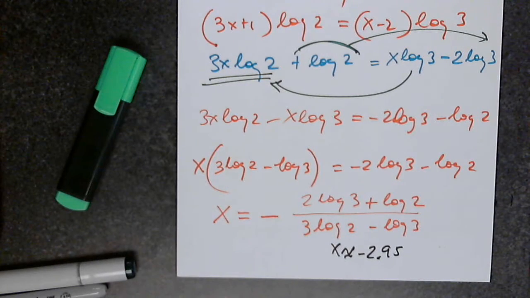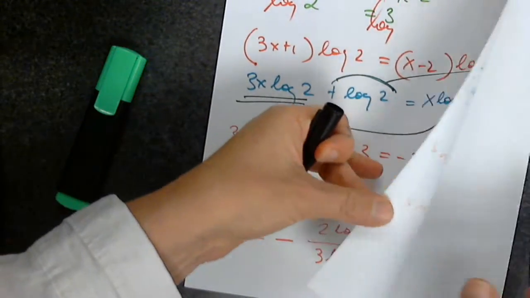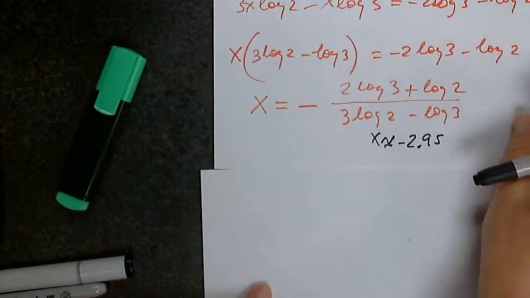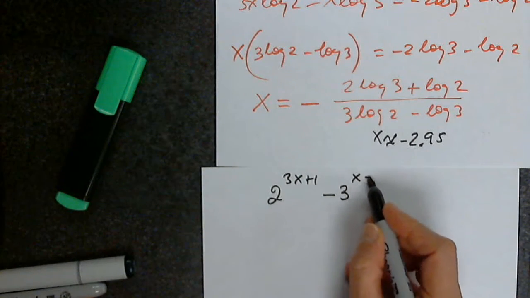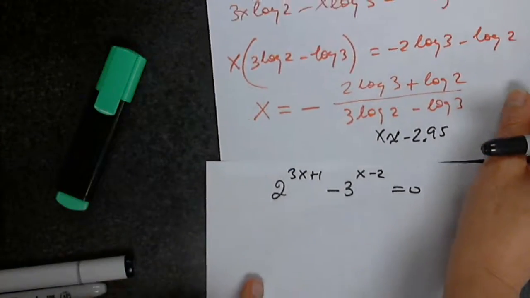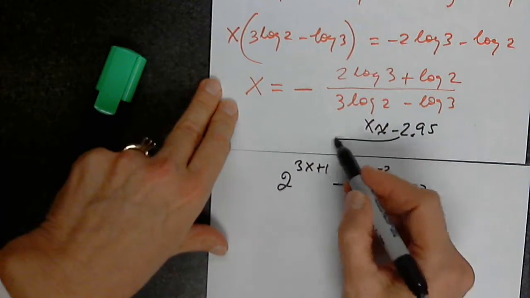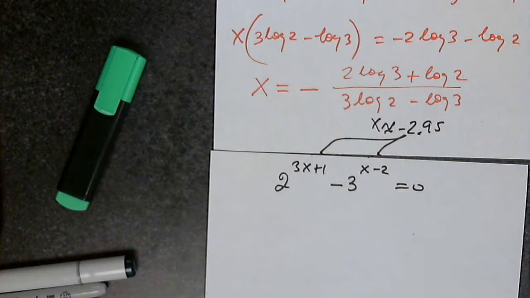How do I check my answer? Here's how I do it. I will consider 2 to the 3x plus 1 minus 3 to the x minus 2 equals 0. I moved this term to the other side, and I will plug in x using the previous answer.